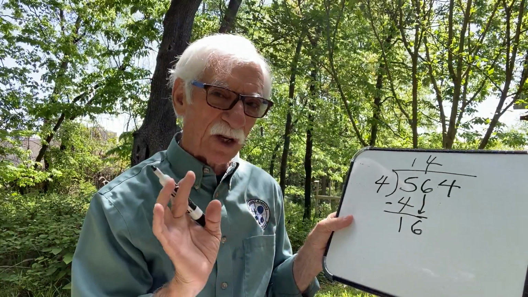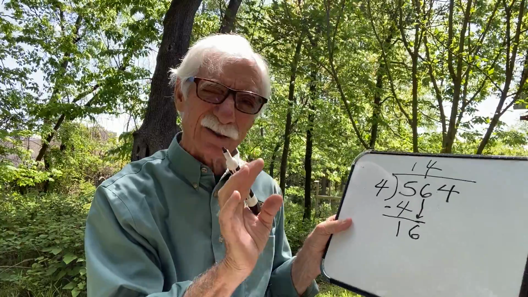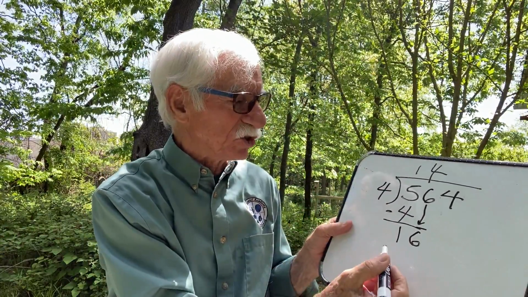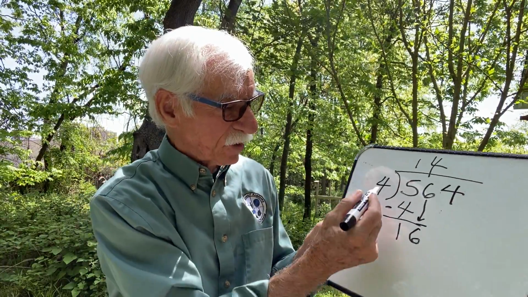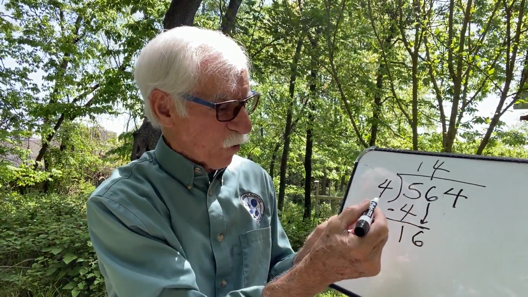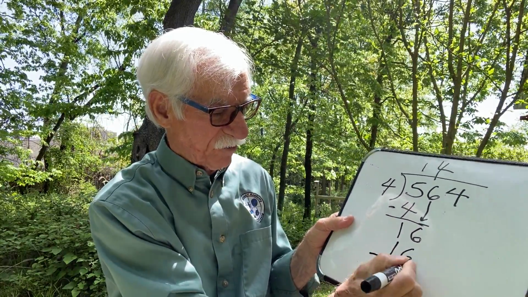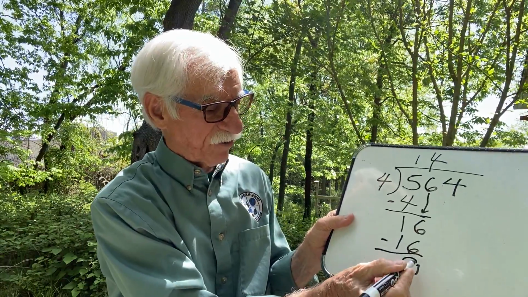So I'm distributing those 16 tens, those 160 cans of soda, to the 4 shelves, and each shelf is going to get 40. So 4 times 4, I've given away all 16 tens of the soda cans, and I've got 0 tens left.